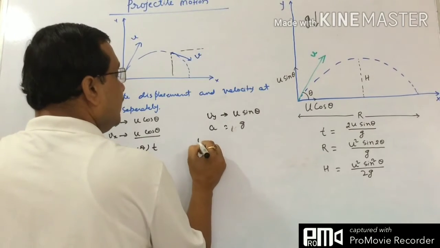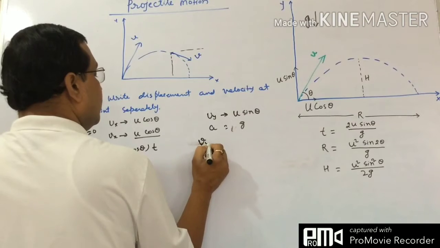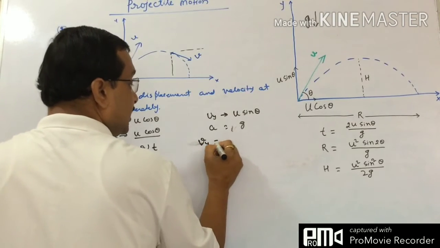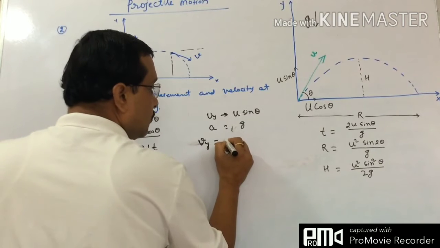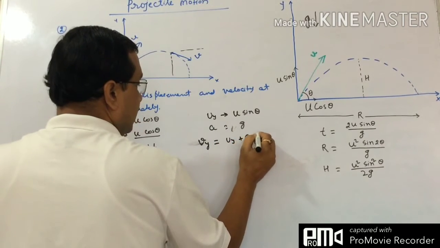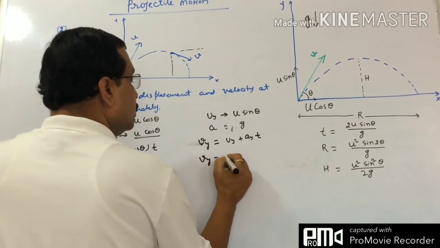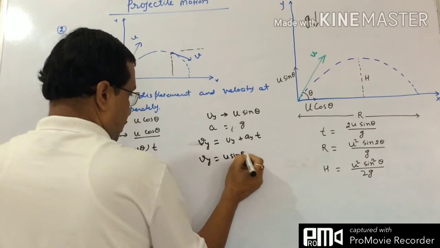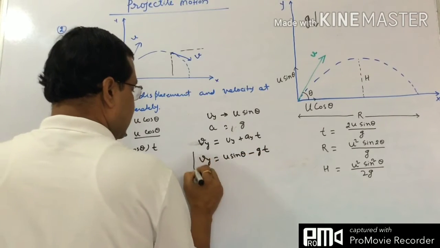So now the component of velocity at any point can be written as v equals to u plus at, that is uy plus ay into t, that is vy equals to u sin theta minus g into t at any time t.